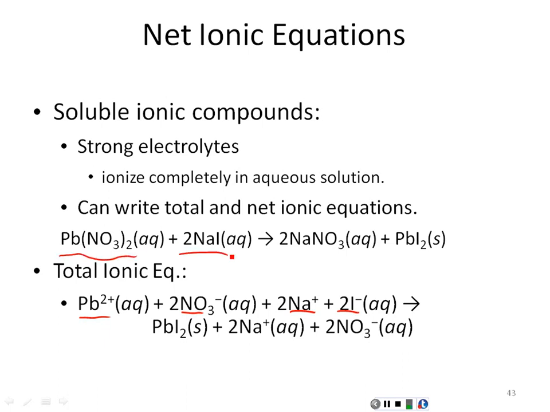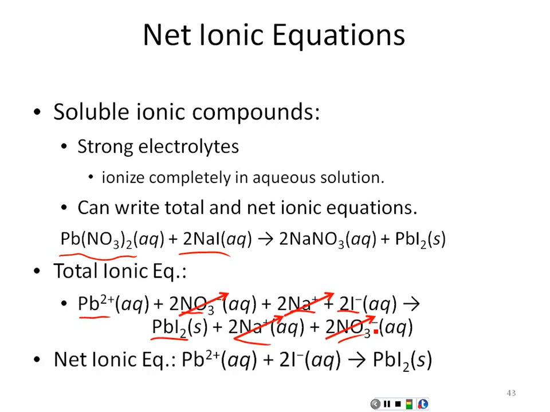This side we're writing as they're totally dissociated in water. The product side becomes now lead iodide solid, and sodium and nitrate are still aqueous. We can take out our spectator ions, the nitrate and the sodium, and then our net ionic equation becomes this: lead 2+ plus 2I- goes to PbI2.